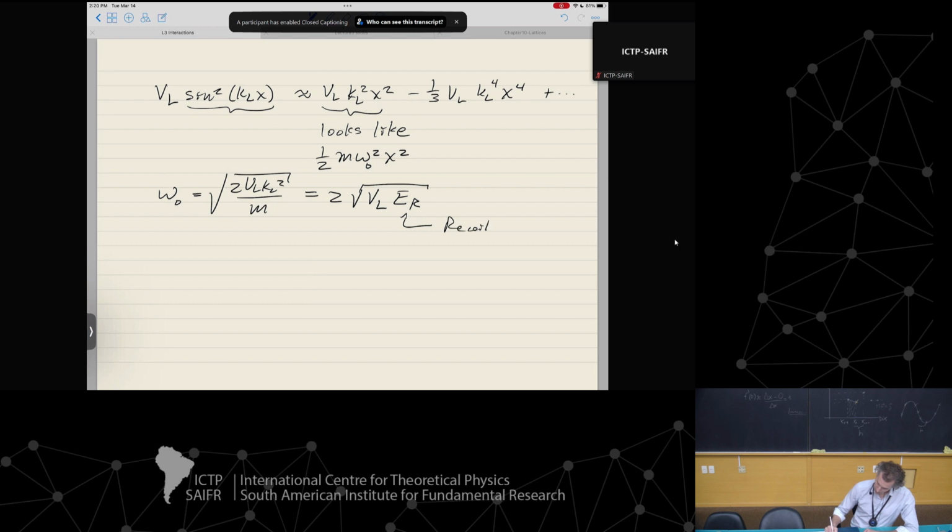And remember, the recoil energy is the kinetic energy of an atom with a momentum of a photon recoil. So the geometric mean between the lattice depth and a recoil energy gives you this, if I put it in the right units. Okay.